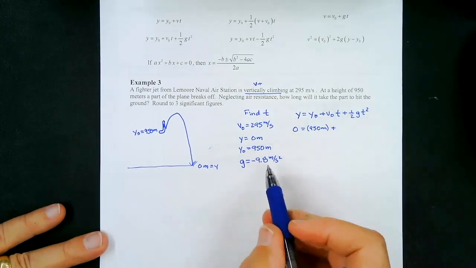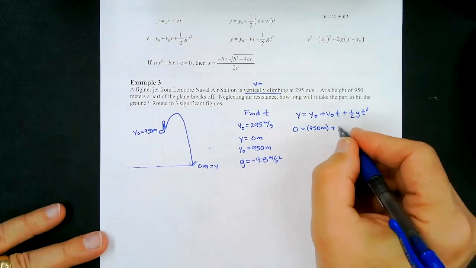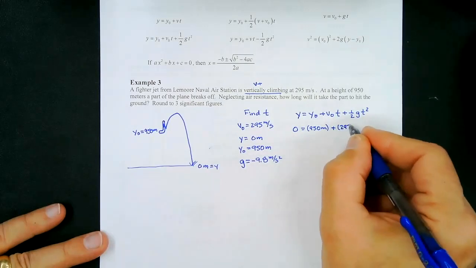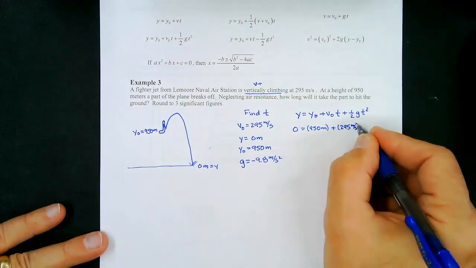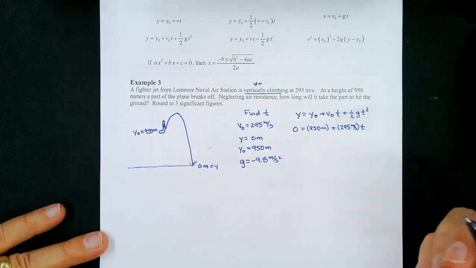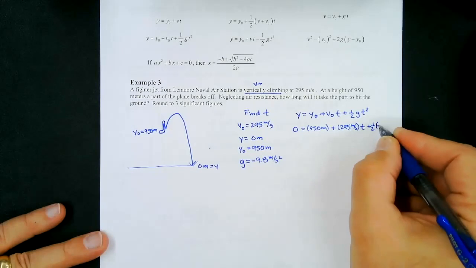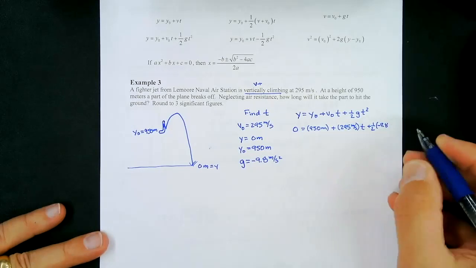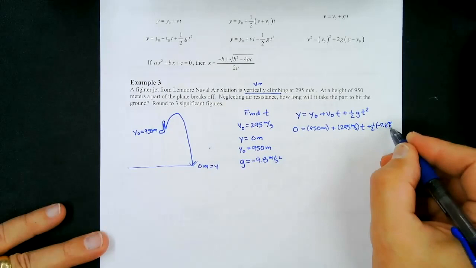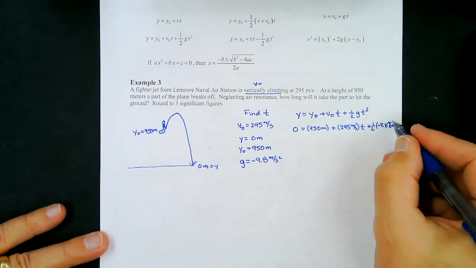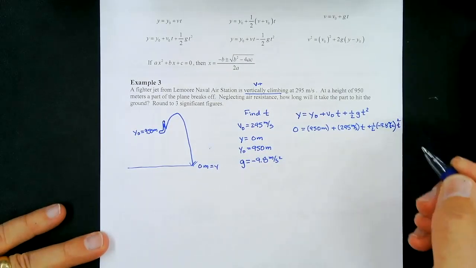And then plus, and I know my starting velocity is the 295 meters per second times t. So I have a t and a t squared in this equation. And so then plus 1/2 times negative 9.8 meters per second squared. And I'm running out of room. And then this would be t squared.